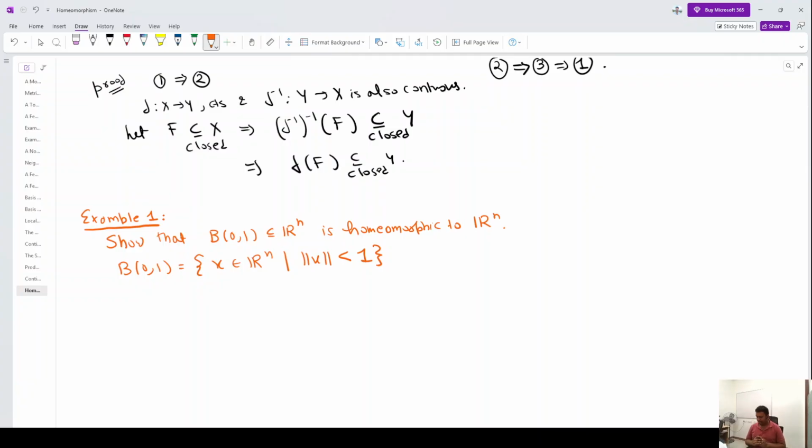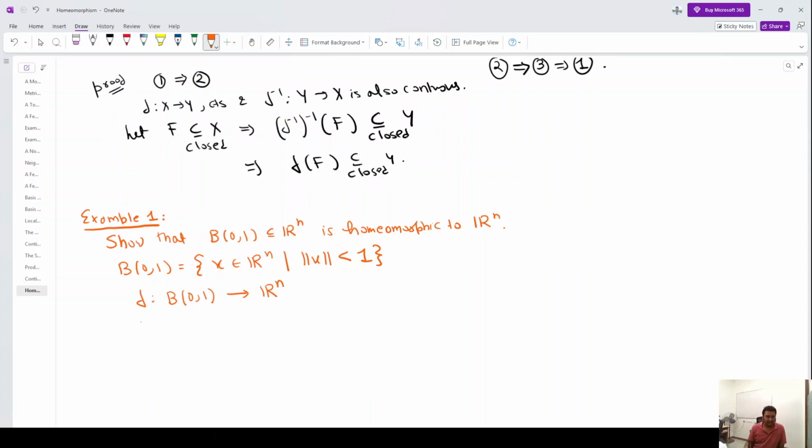Let us define a map. Let us try to define a map F from B(0,1) to Rn.